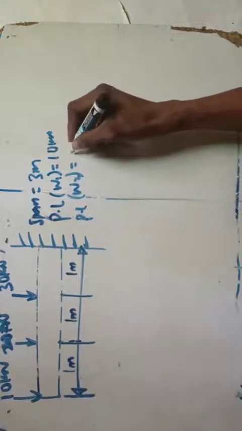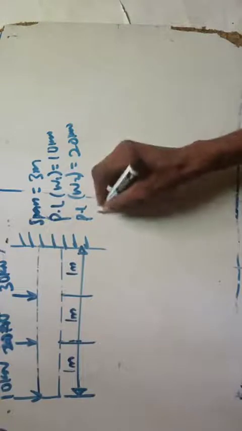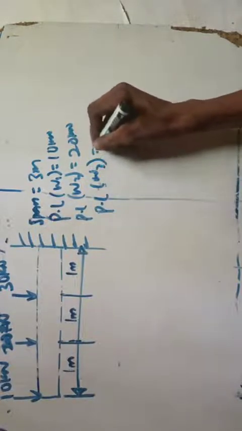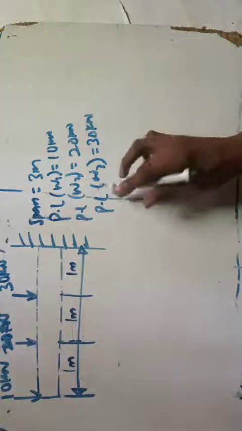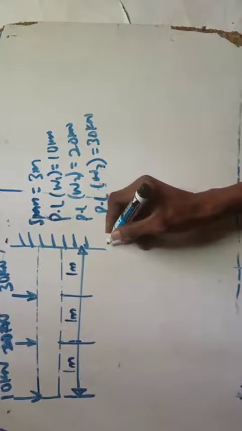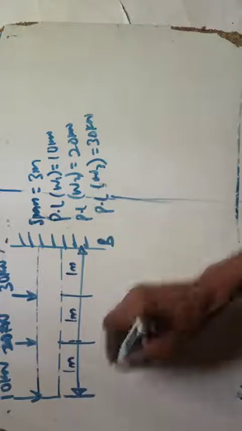W2, point load 2, is 20 kilonewton. Point load 3, that is W3, 30 kilonewton. Now that is that. So you have a point here. If you're not given, just pick a suitable point for yourself. So here is B. Say here is A.